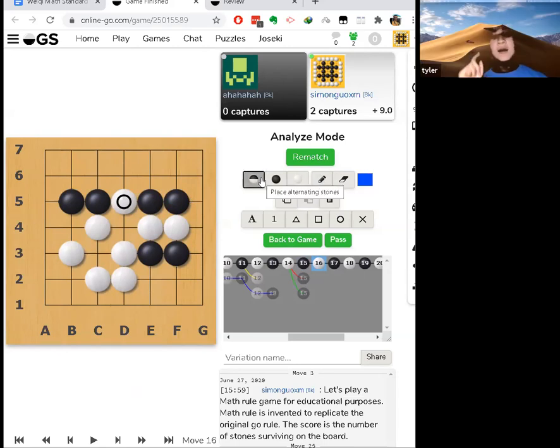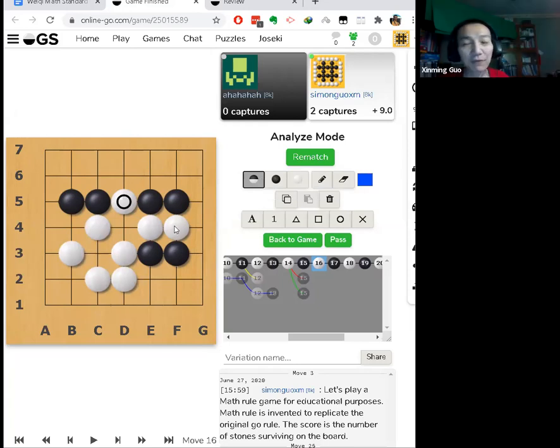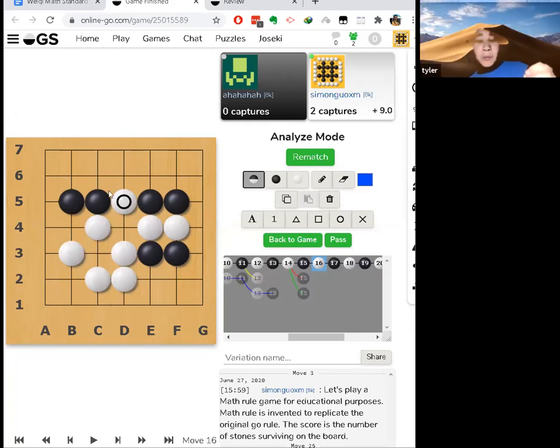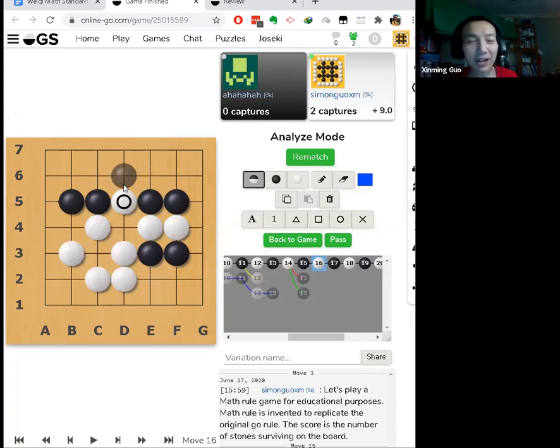Okay, I think I see a way for black to defend. So where should black play if this situation happens? It's really hard, but the best bet would be D6. D6. Do you agree? Yes. When you are almost separated, that's a bad situation.